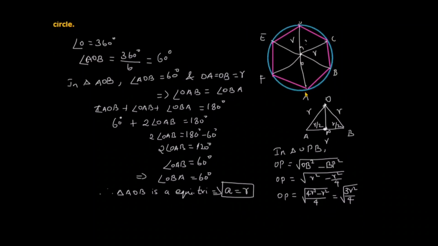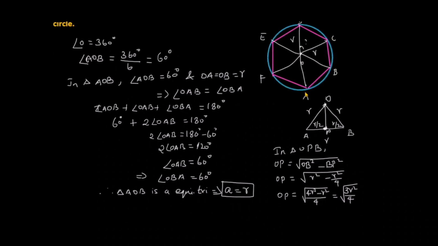So the distance from the center to the chord OP is the square root of 3r² by 4. The square term we can take outside as r, but root 3 we cannot take outside. So the distance is root 3 r by 2 units.